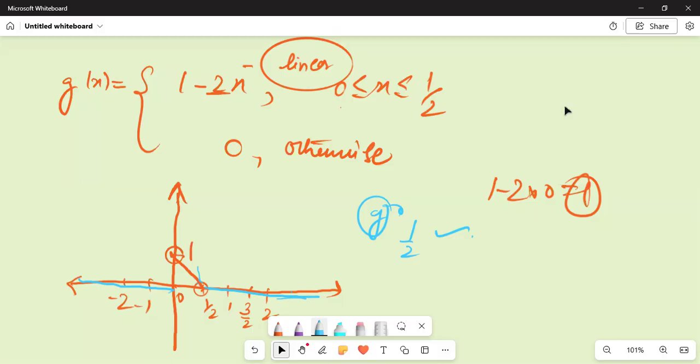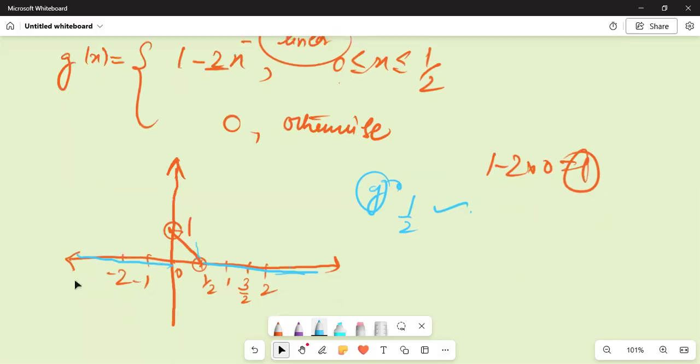Only at the point 0, it is also very much visible from the graph itself that for the value 0, it is taking the value 1, but for the values less than 0, it is taking the value 0. So it is not continuous. There is a break in the graph. Here it is 0 and here it is 1.